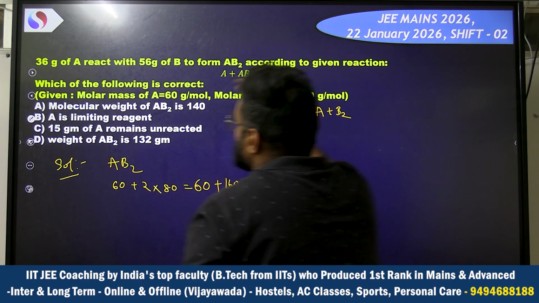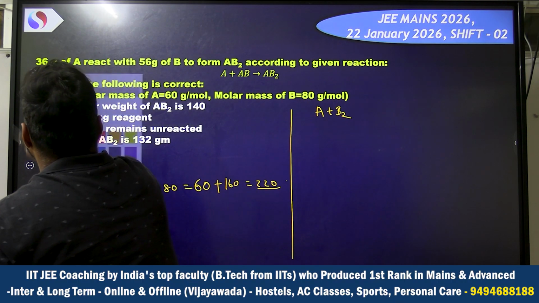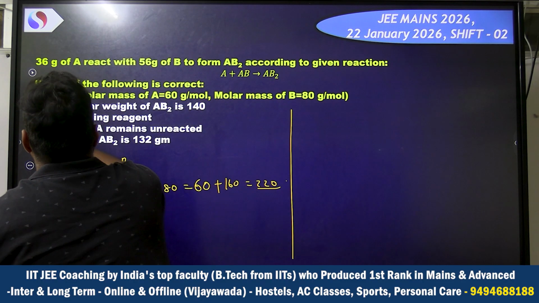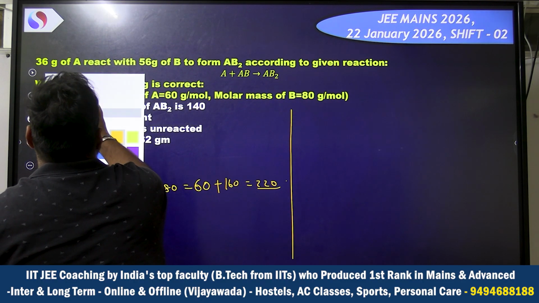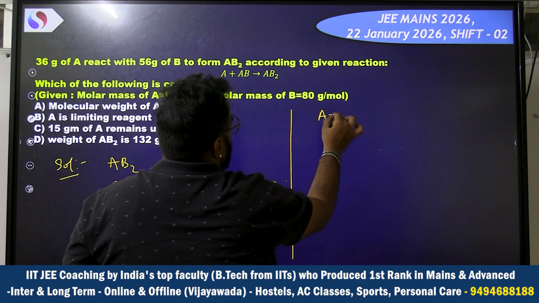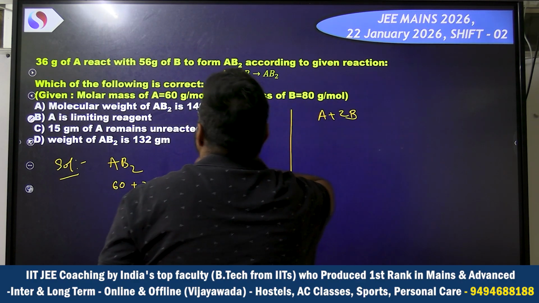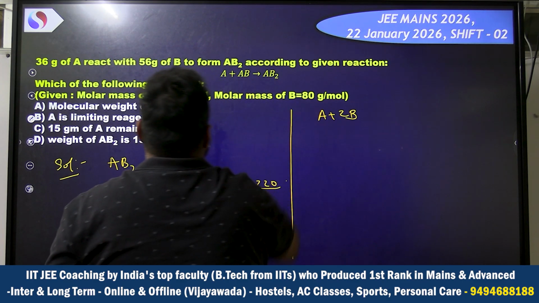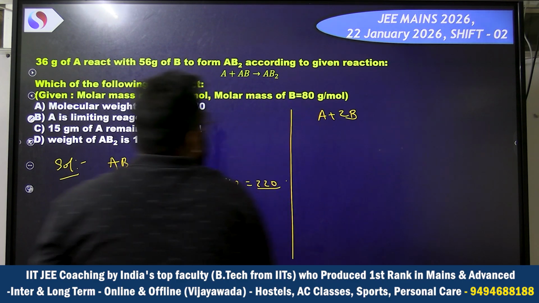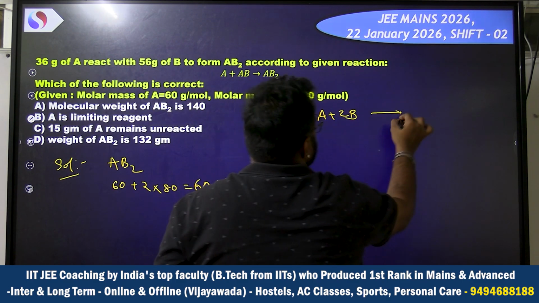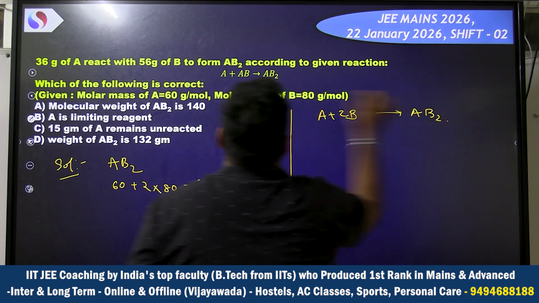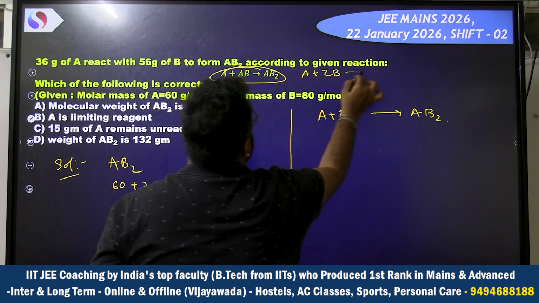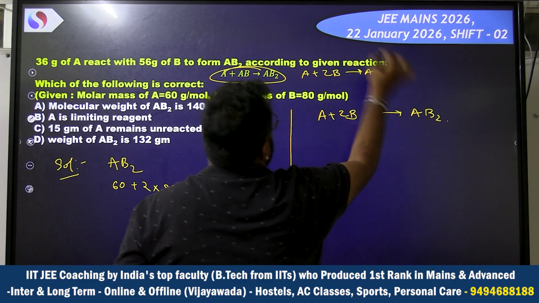Yes, the question has a typing error. The equation is A plus 2B gives AB2. This is the equation.